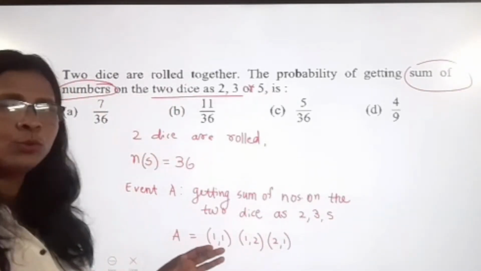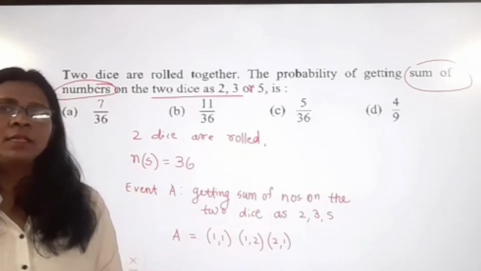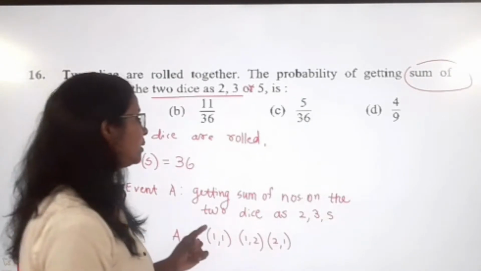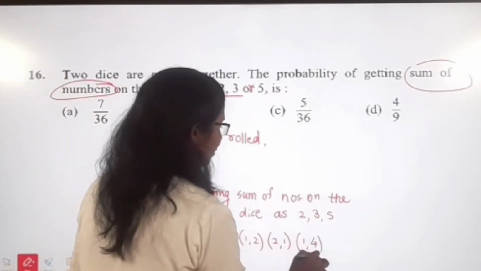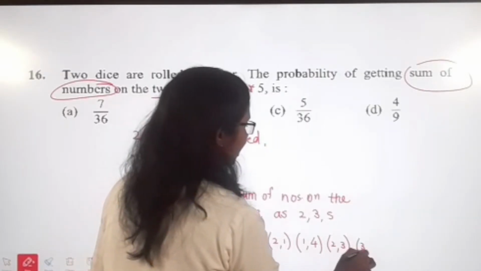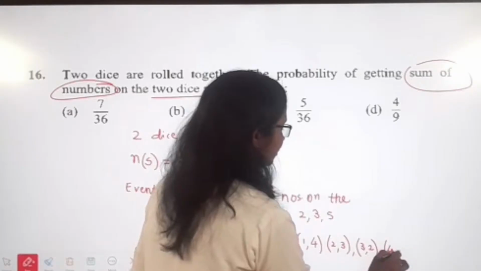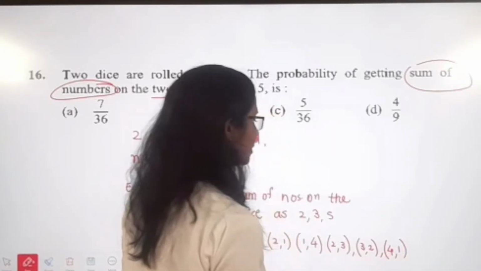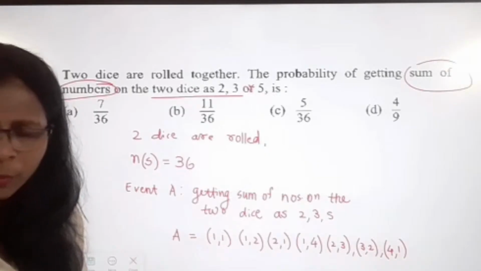These are the two possibilities for getting the sum 3. And for getting the sum 5, the possibilities are 1, 4, 2, 3, 3, 2, then 4, 1.